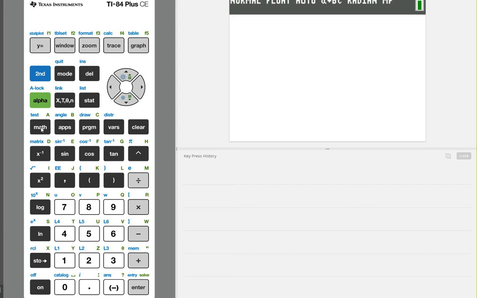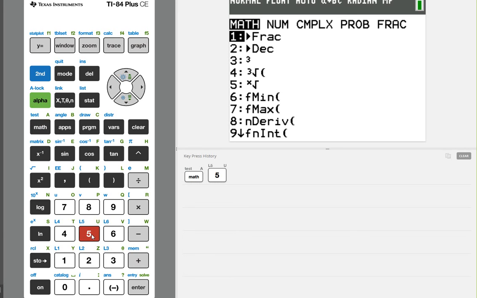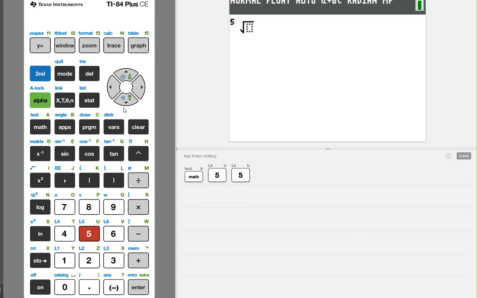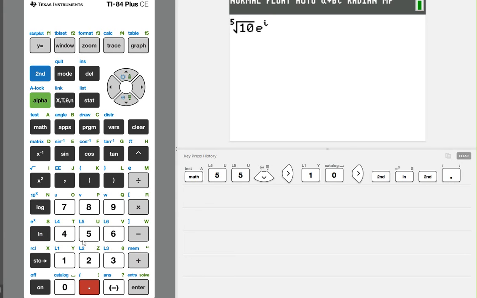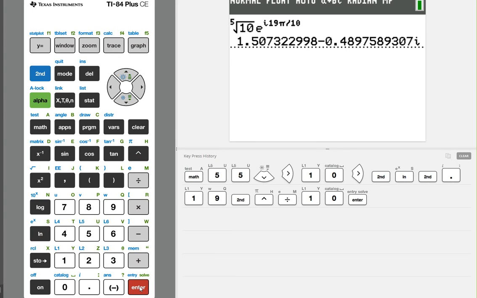So let's go back to math, option 5, 5th root of 10, and then e to the i. Now i is built into your calculator. It's right above the decimal key. So i times 19 pi divided by 10. Let's see if this gives me the complex number that I was looking for.